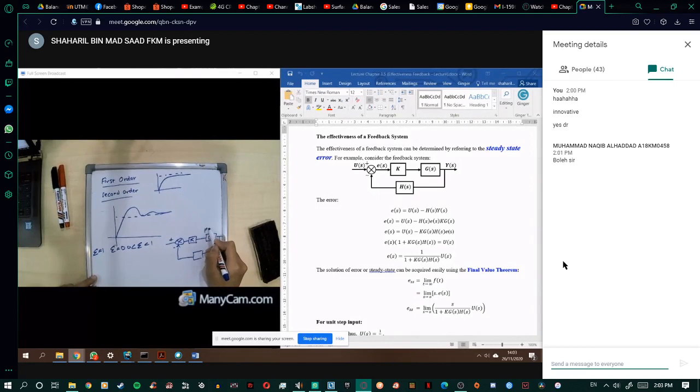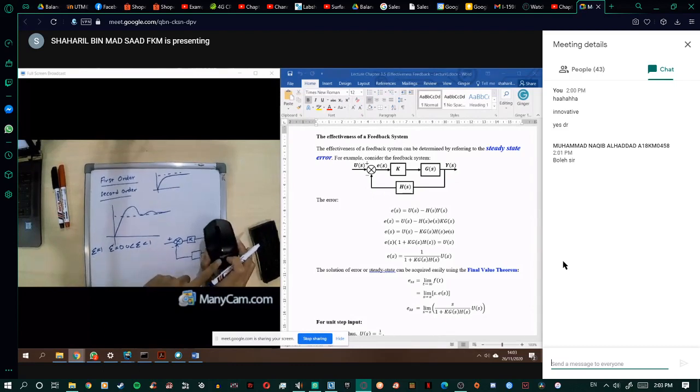This one we call the process, which means you cannot change it. For example, when you buy a mouse, this is the process. So what are you going to do? You apply some K to this mouse, for example, if you want to improve the speed, and so on.